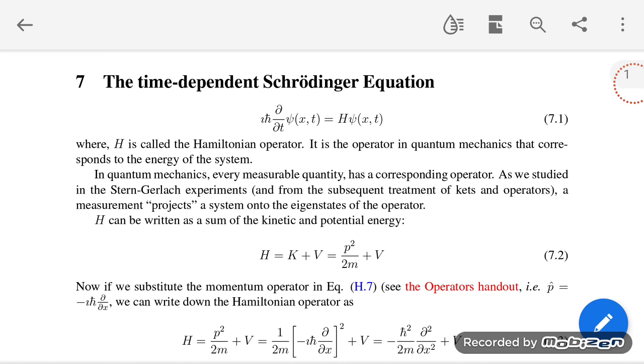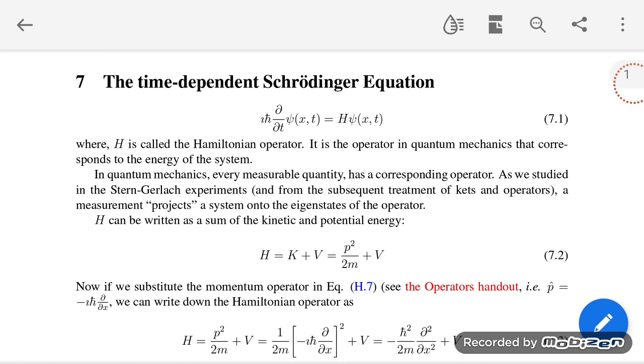As we have studied, a measurement projects a system onto the eigenstate of the operator. H can be written as a sum of the kinetic energy and potential energy, because it corresponds to the energy of the system.